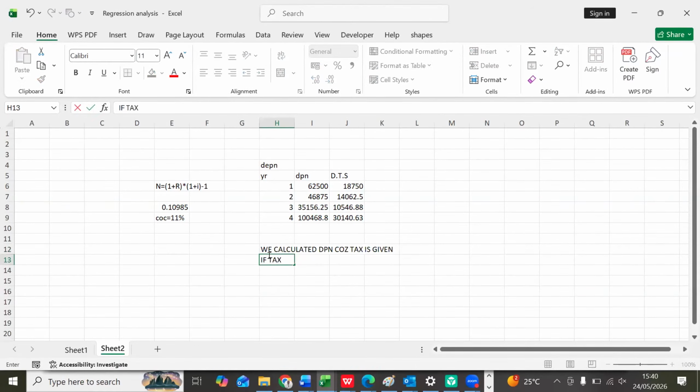If tax is not provided, depreciation is irrelevant, meaning that it should not be calculated.